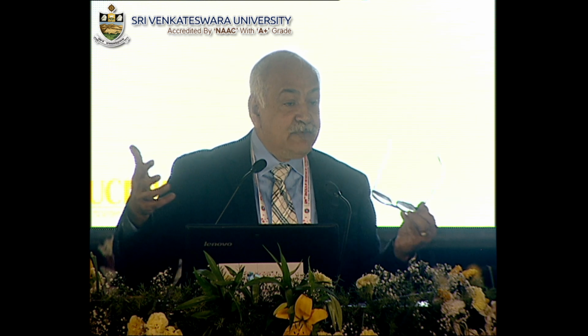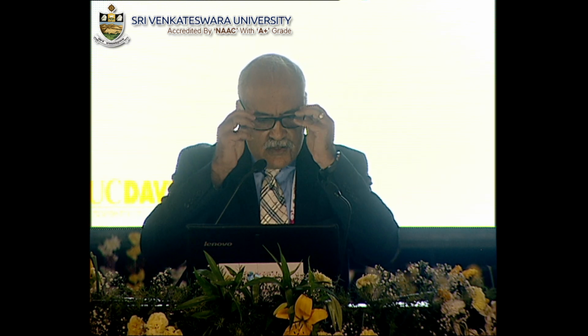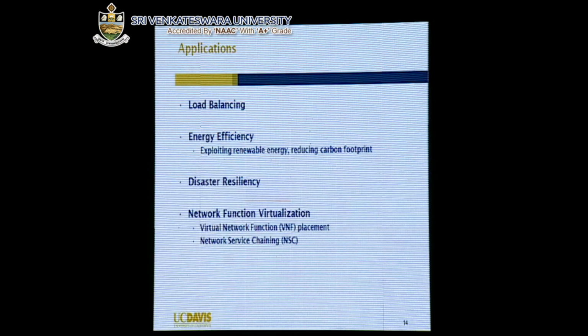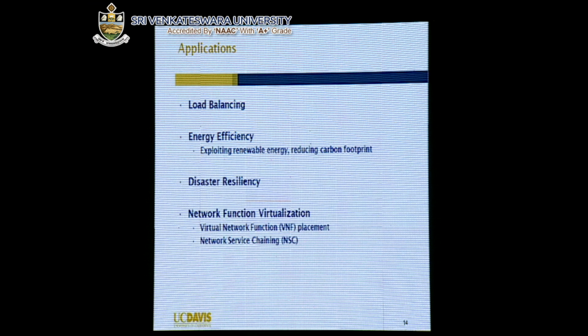This way we can try to manage our energy needs. Disaster resiliency: if I know that some hurricane is coming and some parts are risky and my infrastructure might get damaged, I might plan in advance and move my critical jobs over to less risky areas.